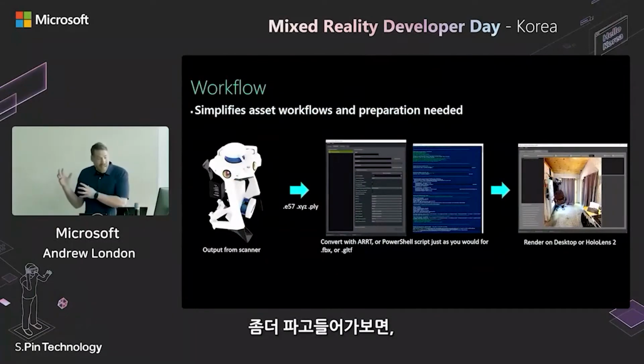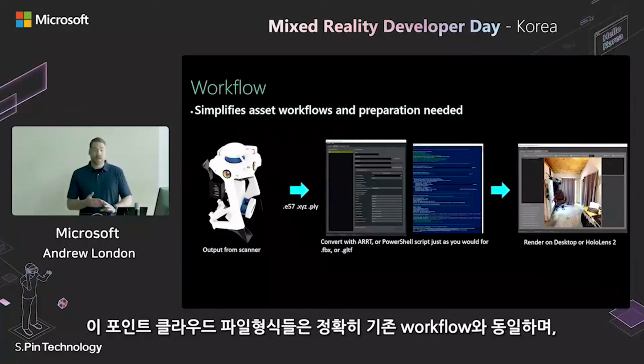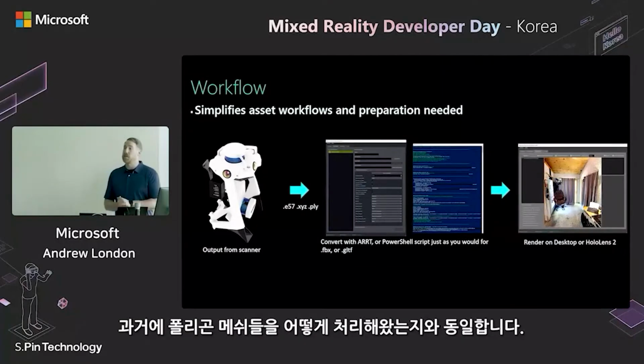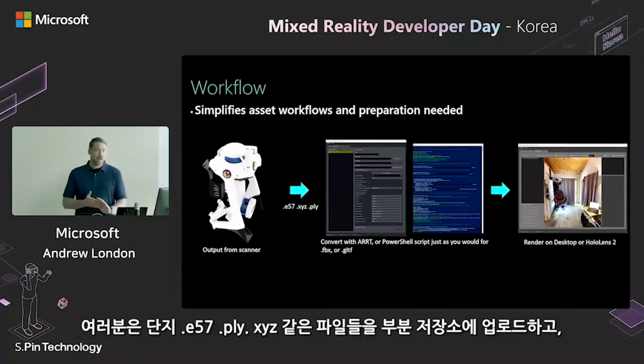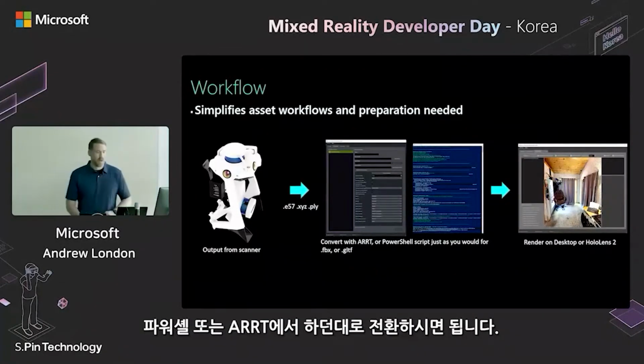So to get more into that, we've implemented this feature in a way that requires no additional lift from developers, right? These point cloud file types are all handled exactly the same way in your workflows as how we've handled polygonal meshes in the past. You just upload your .e57, .ply or .xyz file to the blob storage, run the conversion as you would with the PowerShell script or our beloved ARTS.